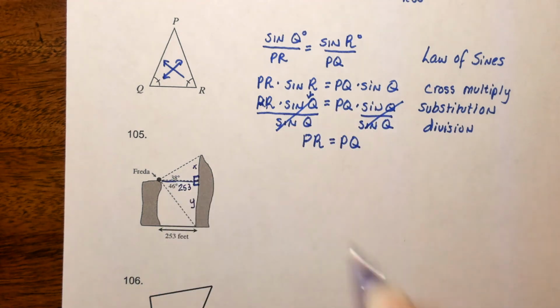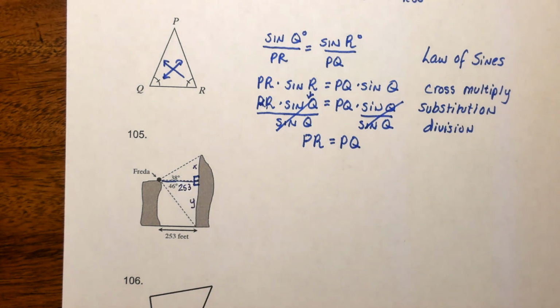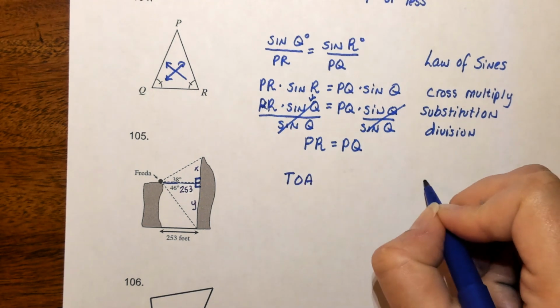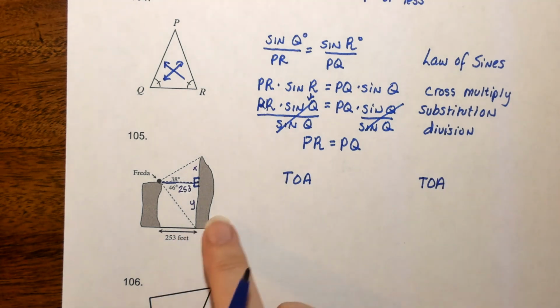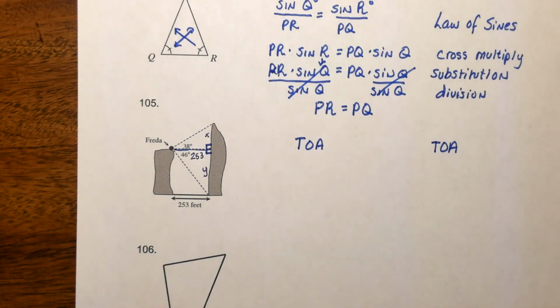And because you have two different right triangles, you can use tangent to find x, and then tangent again to find y, and then add them together to find the height. And I am going to let you guys finish this one because this is Math 2 and it'll be a really, really good review for you.